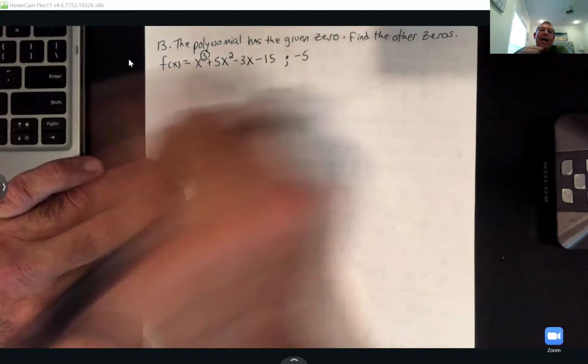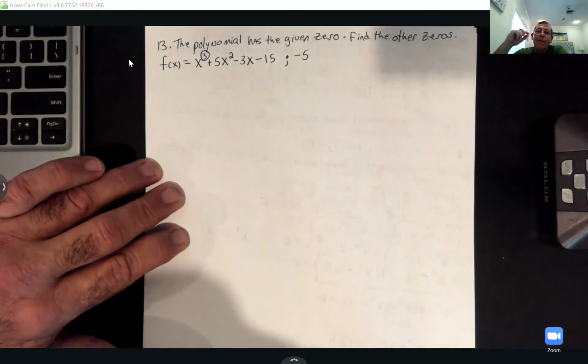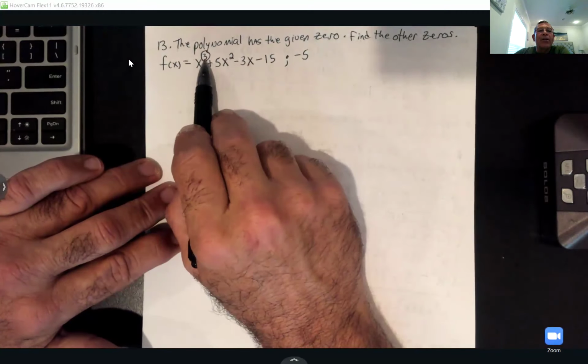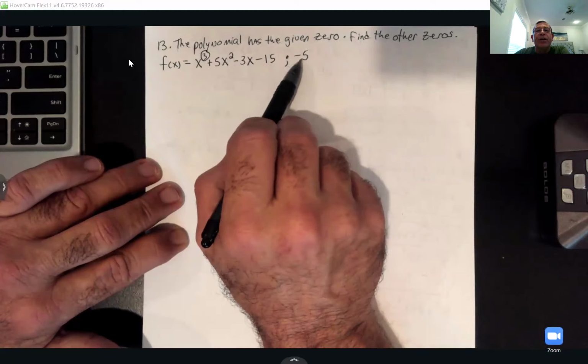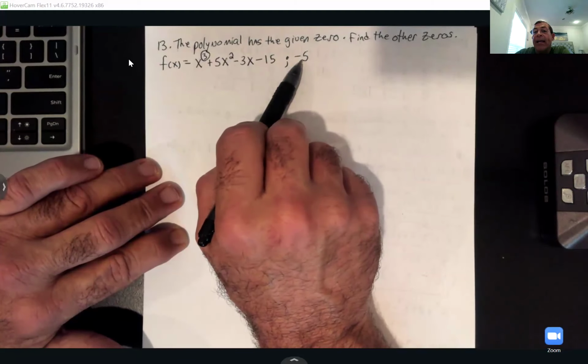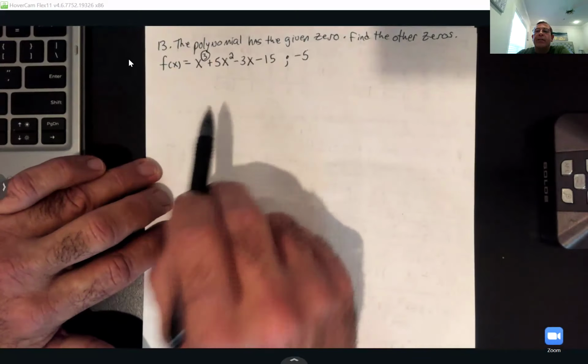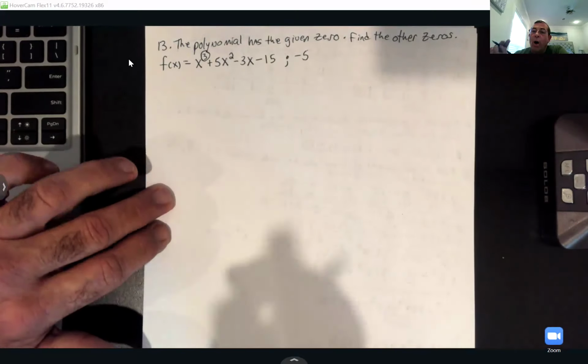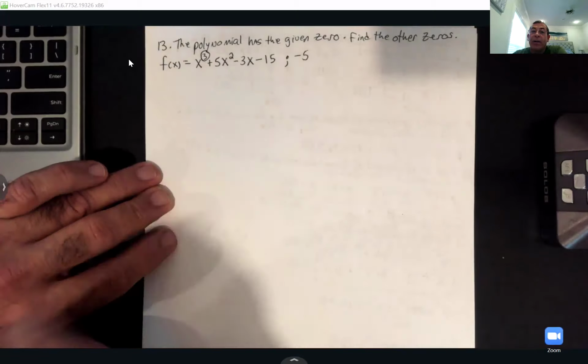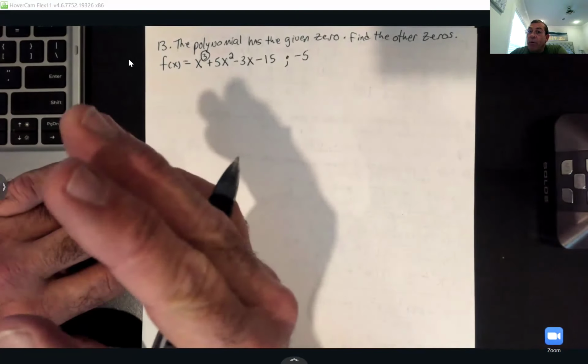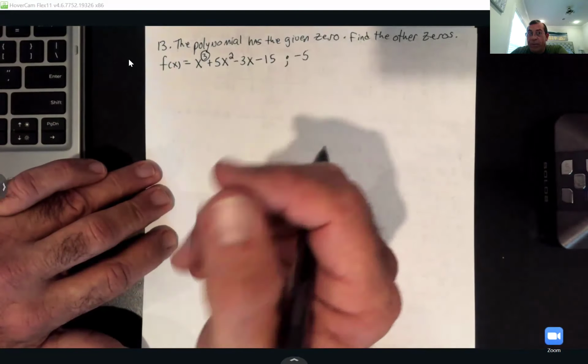One will be the negative 5 they're giving us. So what we got to do is synthetic division, and divide out that negative 5 first. Then the 3 numbers that are left, we can solve using one of our quadratic methods. We can do the factoring, we can do the quadratic formula, or we can do the square root stuff, okay?